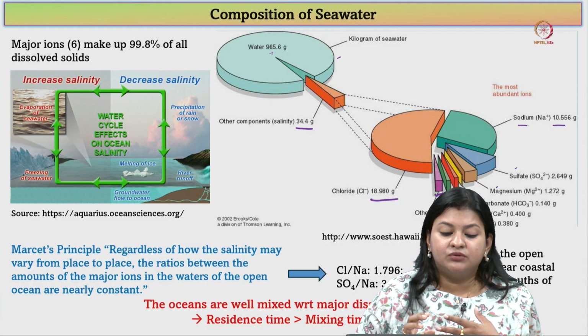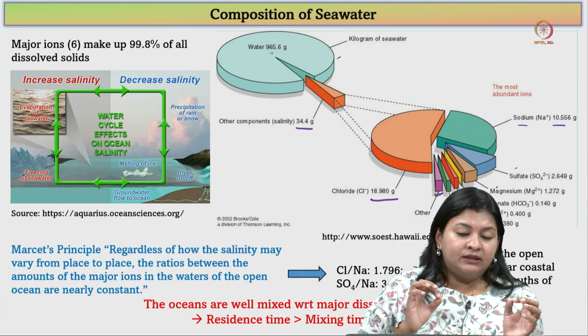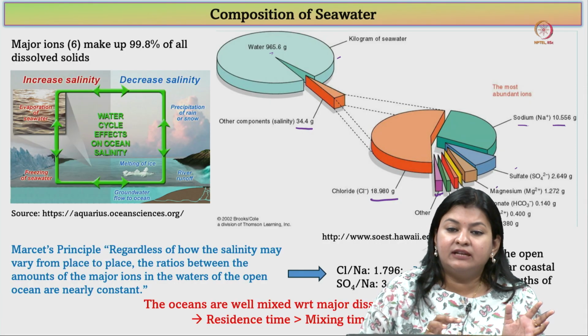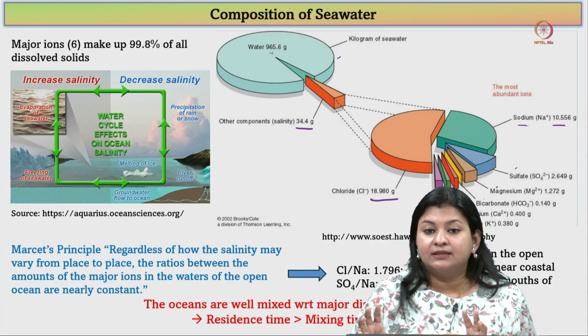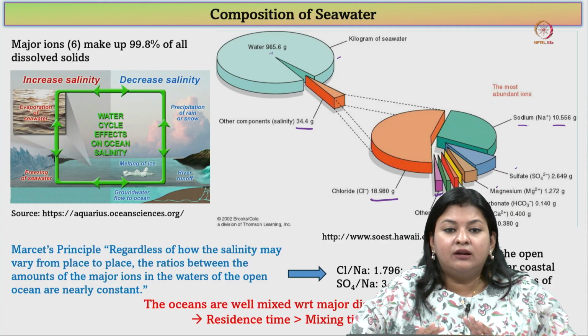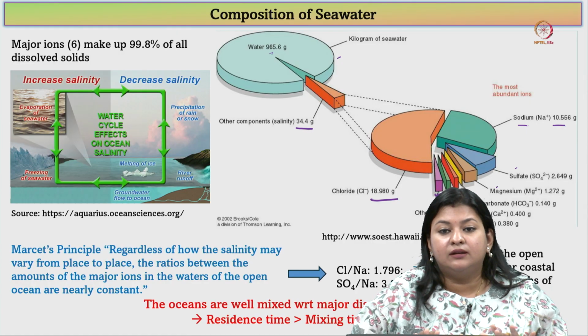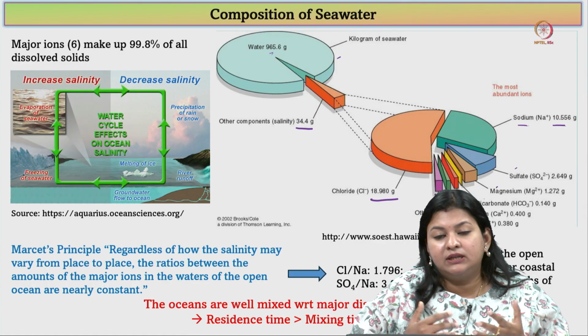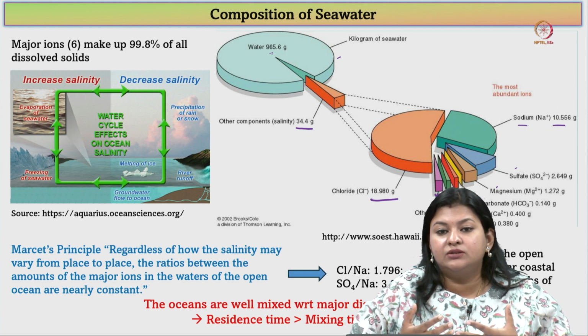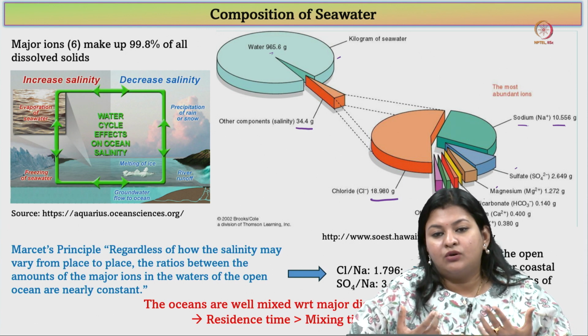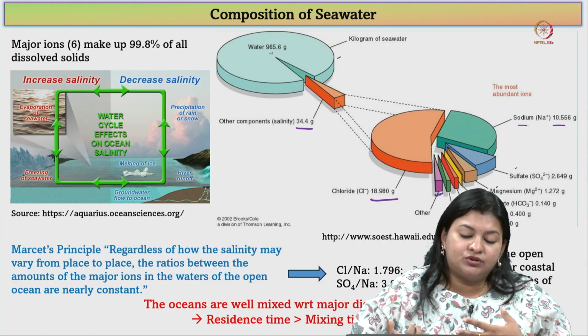Different kinds of composition are there where a lot of fresh water is getting frozen to form ice. Okay. There again a lot of different processes are happening. So, this water cycle, the increase and decrease of salinity, the increase and decrease of water itself, causes changes in its composition.